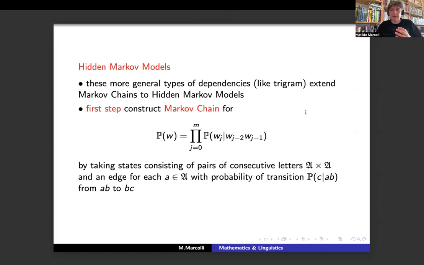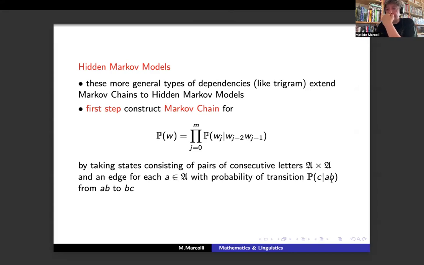So the first step is to consider a kind of Markov chain where you look at all these occurrences. For example, in the trigram case, you look at each word or letter, depending on what your units are. But anyway, it's the j-th one and the two previous ones, and you look at all of these together, and you want some kind of probabilities of transition.